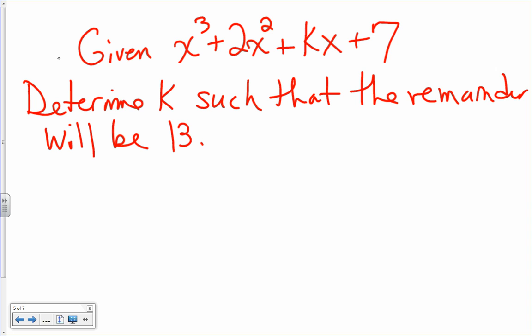Let's see here. No, I think we'll go with 1. I think just 1, yeah. Well, the factor would be x minus 1, I think. So here's what we would do. What would we put? Yeah, I'm not sure this is going to work out the way I want it to. And if not, we'll just hit the delete key and I'll make up another one.